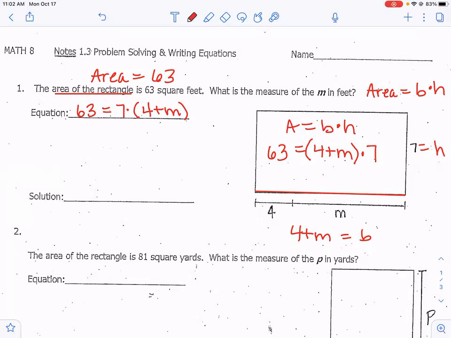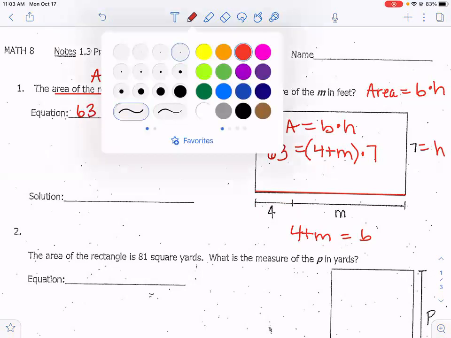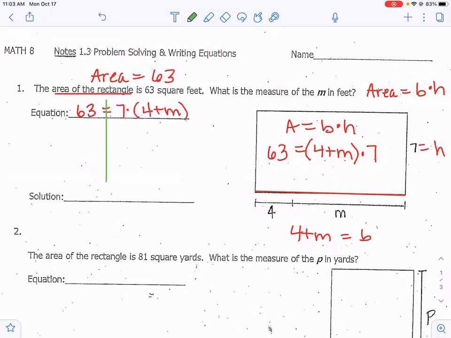It is. So if I have 4 plus M times 7, it's the same as 7 times 4 plus M. I just rearranged it so it looks more like what we did last week. Are you okay with that? Now that we have our equation set up, we can solve. So I'm going to draw my fence. Okay, Brady, what's the first thing we need to do in this problem?